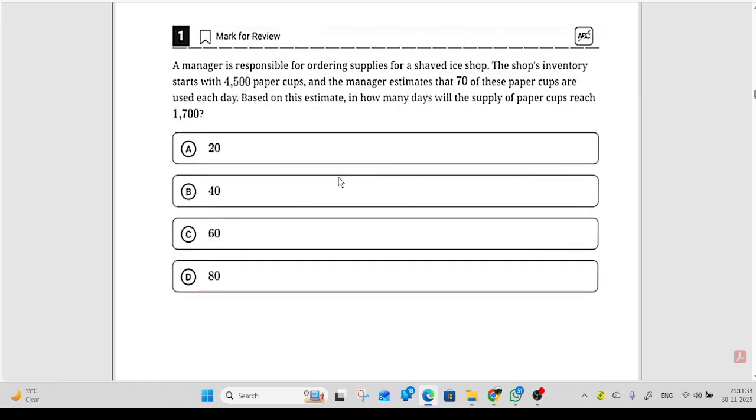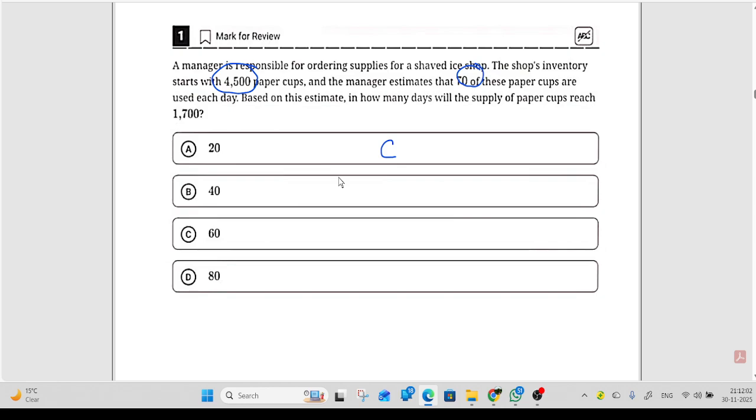Okay, so first we set up the equation. Let's say C is the number of cups remaining after D number of days. The initial number of cups is 4,500, and 70 cups are used each day.